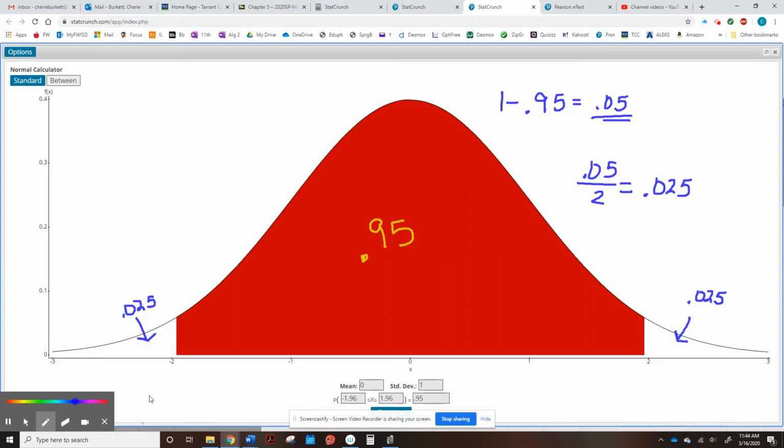Okay, now a couple of ways we can handle this. This is an area to the left. This right here is the area to the left of this negative z-score right here. This is our z-score, and the area to the left of that is 0.025. Now, we already know that that is negative 1.96.